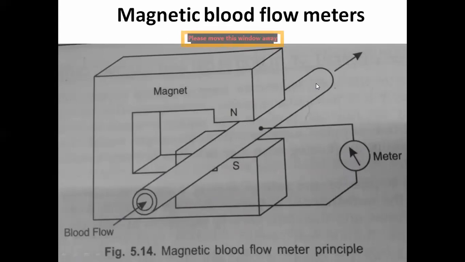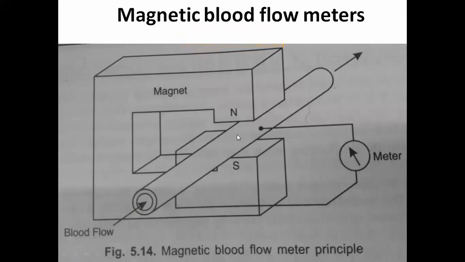The same principle is also applied to measure blood flow using magnetic principles. Here, this is a blood vessel, and inside the blood vessel there is blood flow movement.